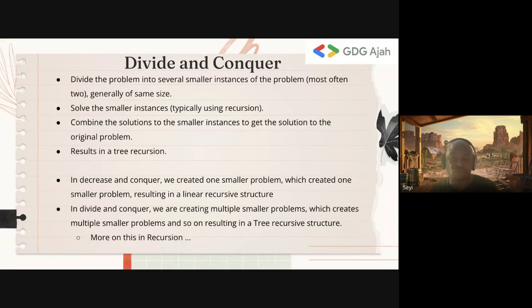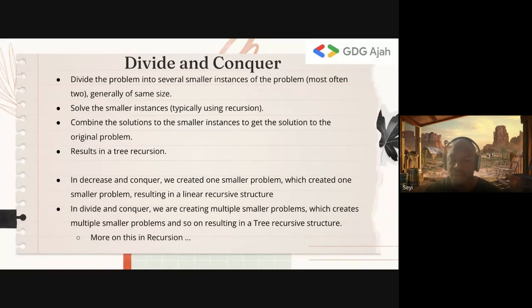And then once we have the solutions to the smaller instances, we combine them back into the solution to the bigger problem. This results in tree recursion because each time you are recursing to multiple branches. This creates a tree recursive structure, and it's kind of the most complicated kind of recursion you can have.